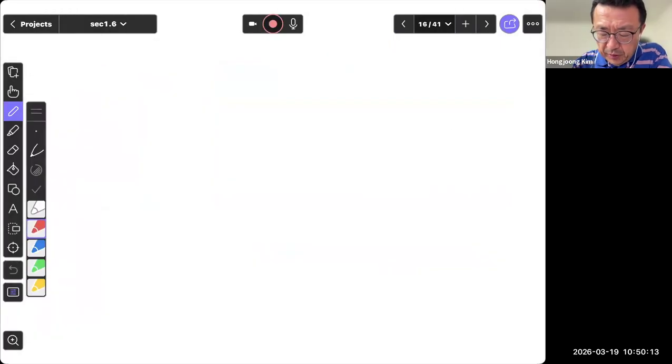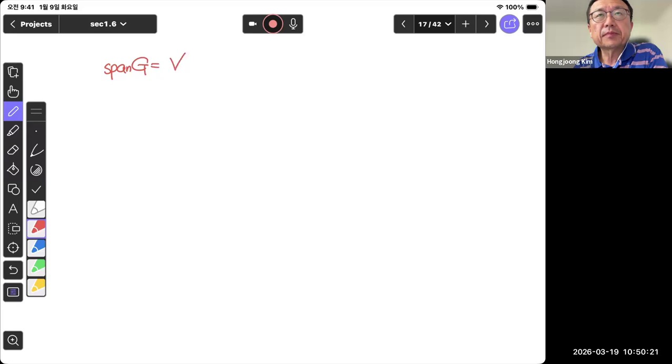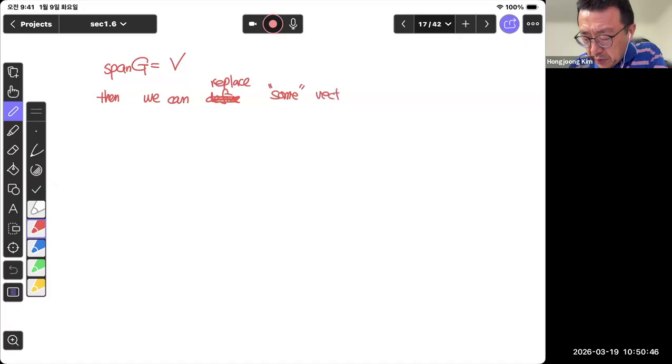So one more time. If the span of G equals the whole space, then we can replace some vectors in G with linearly independent vectors.